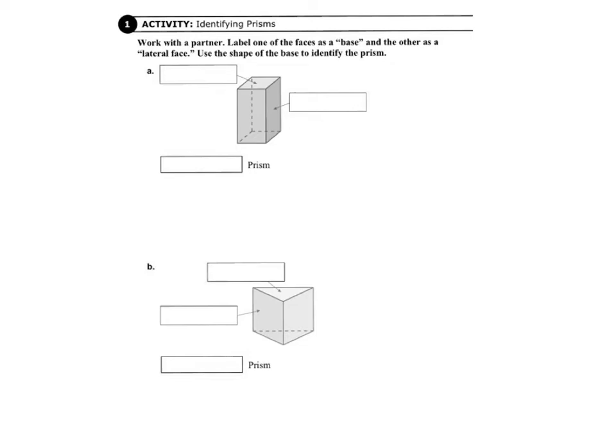So let's take a look at letter A. The top and the bottom are rectangles, and so we're going to label the top the base because it's the same as the bottom, and the side is the lateral face. And lateral just means side. And then it says use the shape of the base, so the base is the top and it's a rectangle, to identify the prism. So this is a rectangular prism.